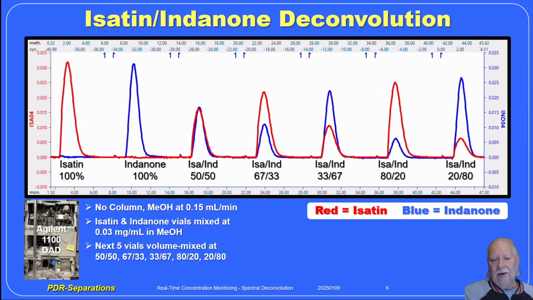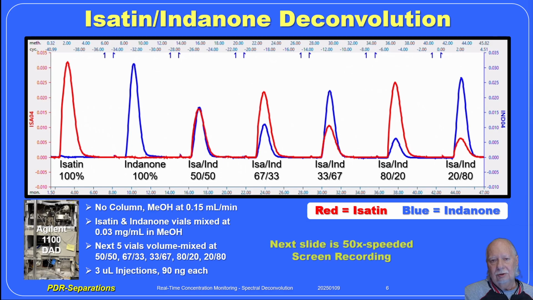The next 5 vials were volume mixed at 50-50, 67-33, 33-67, 80-20, 20-80, as shown on the screen. 3 microliter injections, 90 nanograms each.